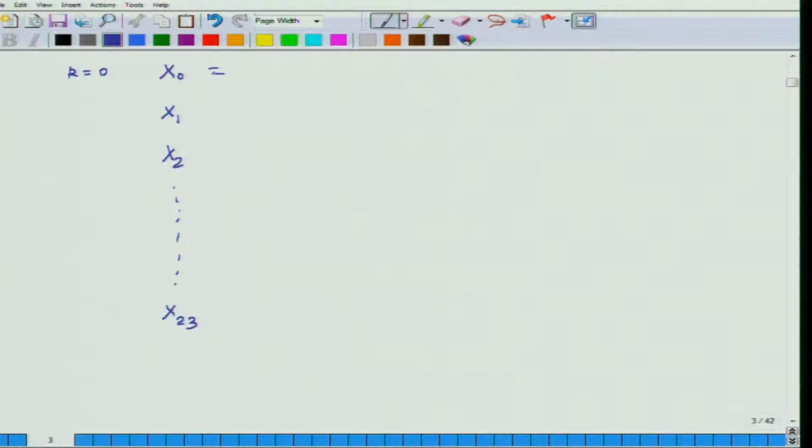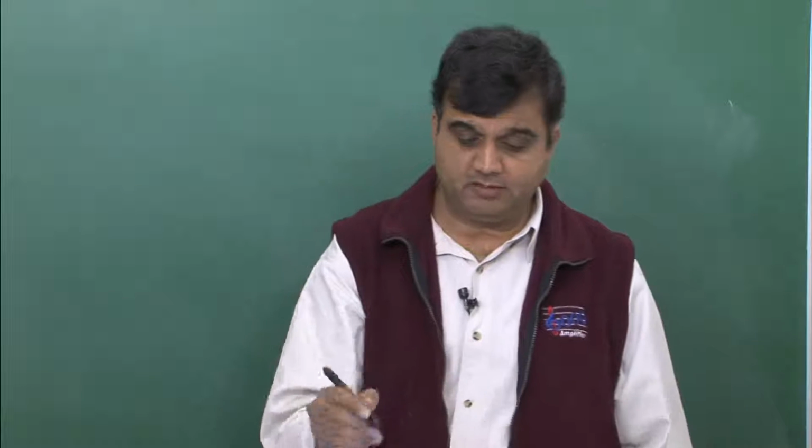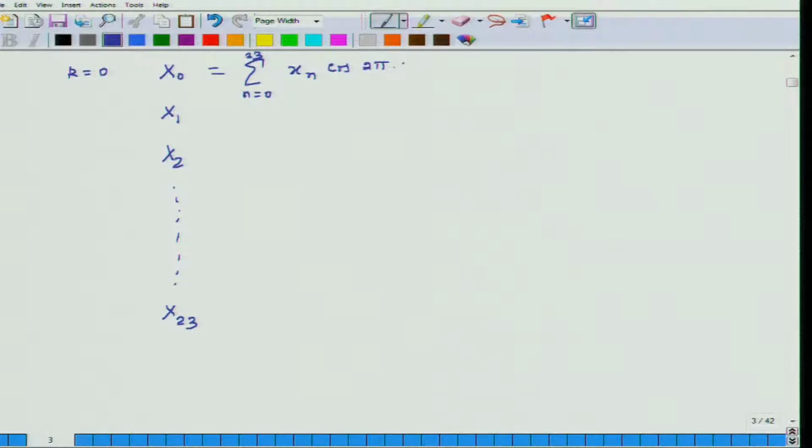So Xk is equal to summation of n equals 0 to 23, xn cosine of 2 pi kn over N minus i sine 2 pi kn over N. When k is 0, it is 2 pi times 0 times n over N, minus i sine 2 pi times 0 times n over N. So this is what we are going to sum on.